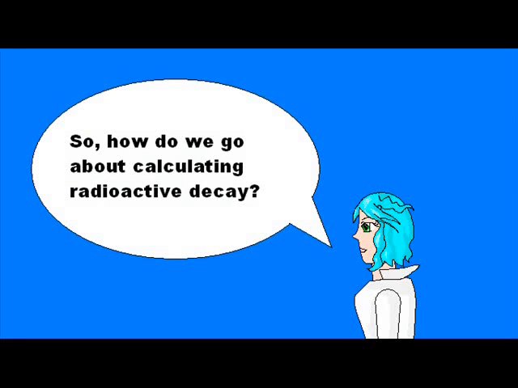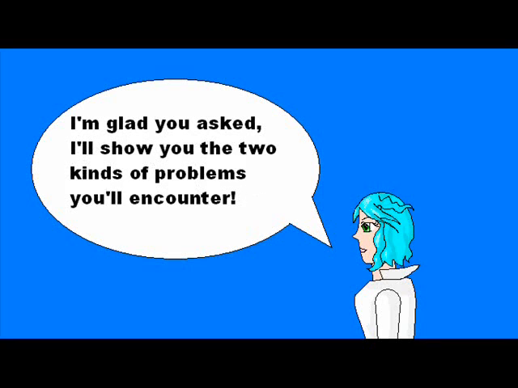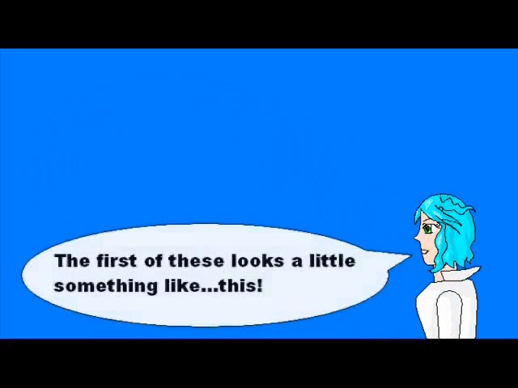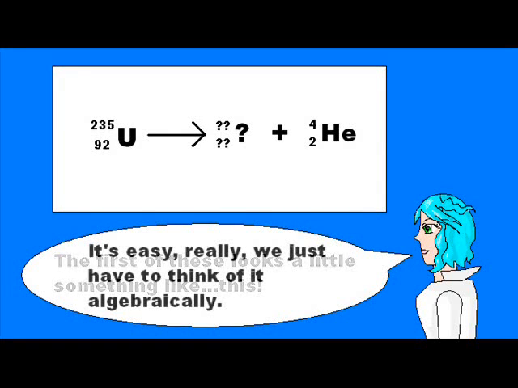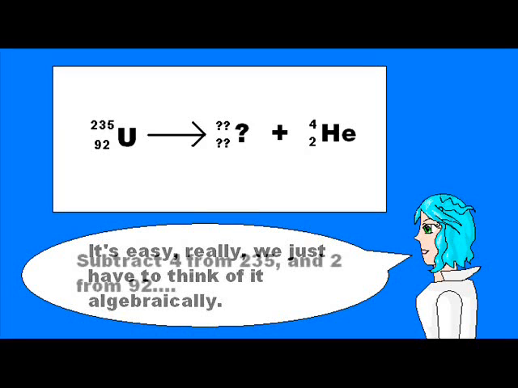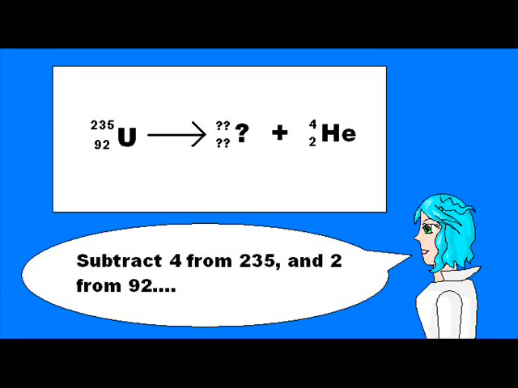So how do we go about calculating radioactive decay? I'm glad you asked. I'll show you the 2 kinds of problems you'll encounter. The first of these looks a little something like this. It's easy, really. We just have to think of it algebraically. Subtract 4 from 235 and 2 from 92.